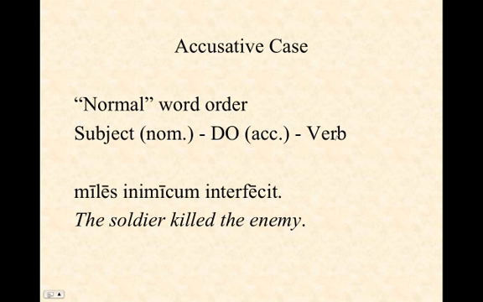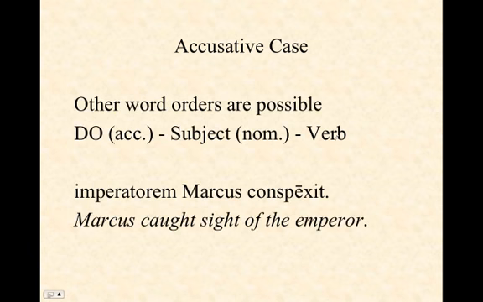Now, normal word order in Latin is what I just showed you. The subject comes first, the direct object comes second, and the verb comes last. Remember, though, it is not word order that tells you who's doing what. Accusative tells you it's the object, because there are other word orders. Here's a sentence where the direct object comes first, subject comes second, and the verb is last.